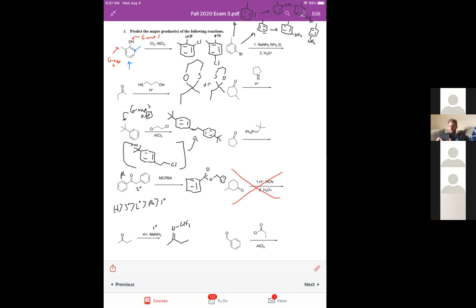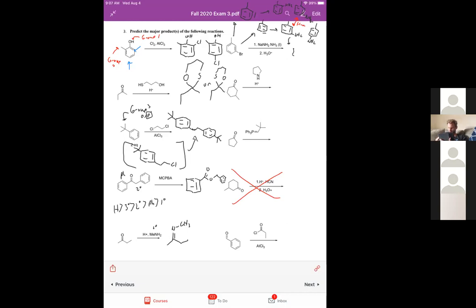Taking a look at the four products we made, two of them are the same. Because we made something twice, it's going to double the amount of it that was formed, which is going to make that the major product.